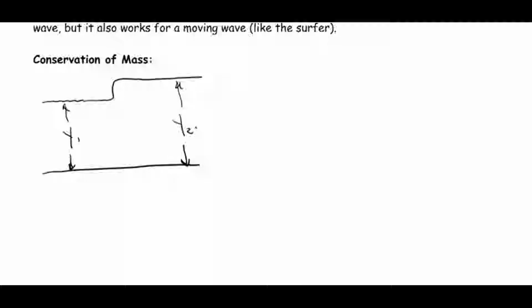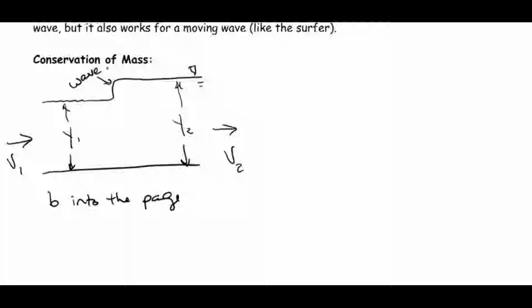And here we're going to have a v1 and here a v2. This is our water surface. It's really not going uphill, I just can't seem to draw. It should be straight. And let's say that this has a width b into the page. So here is our wave.